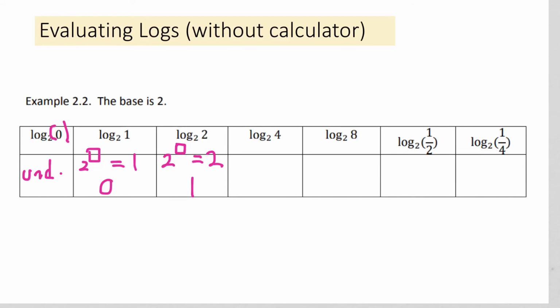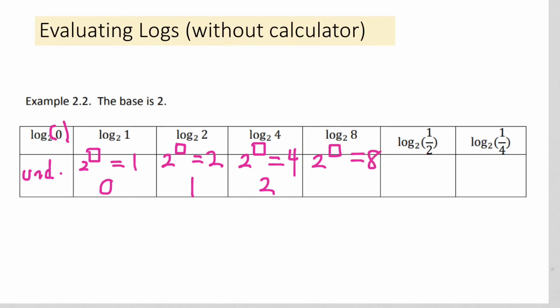All right, on this one, 2 is the base. What power do I have to raise 2 to get 4? So the answer is the second power. 2 squared is 4, so my log is 2. On this one, what power do I have to raise my base to in order to get 8?